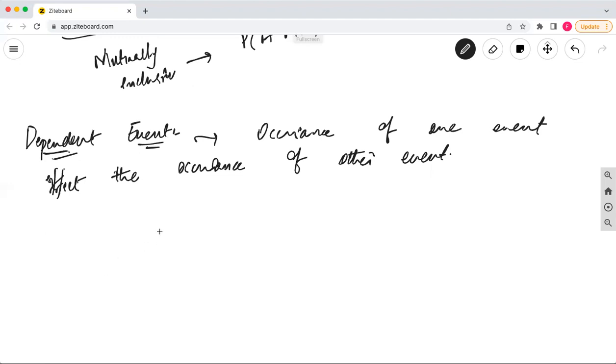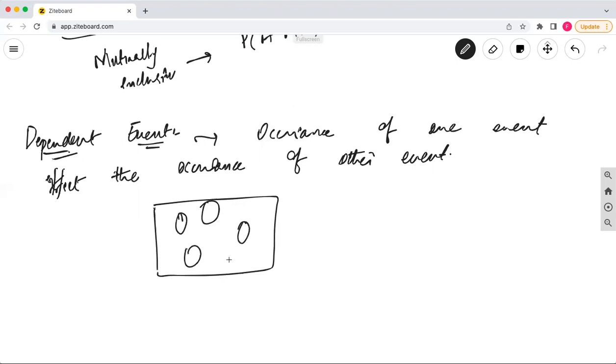Okay, so if I say that I have a basket having 5 balls, in which 3 are green balls and 2 are blue balls, right? And the question is that we randomly select 2 balls from the basket.